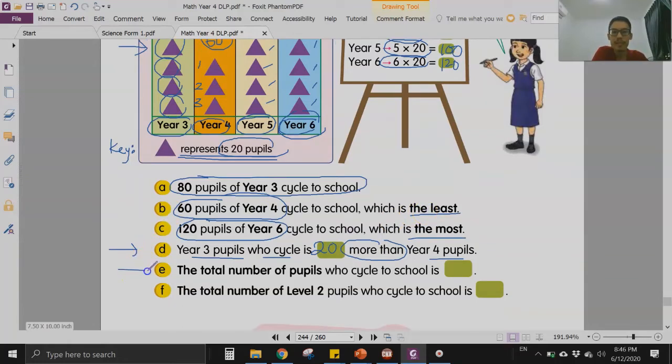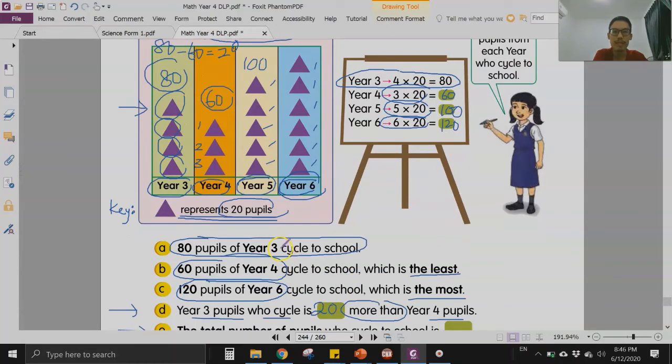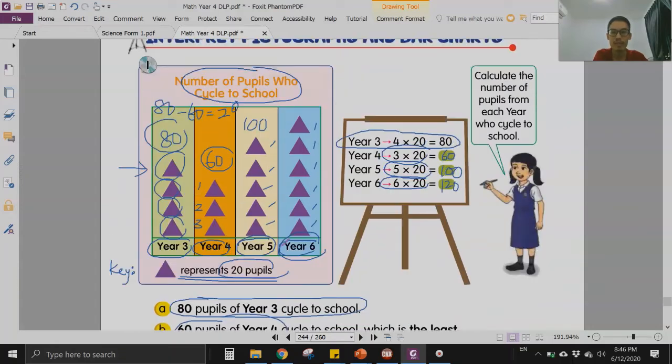Okay, question E. The total number of pupils who cycle to school. Total number of pupils, that means everything, semua. Just now, year 6, there are 120 pupils, right? So you just plus everything. Year 3, there are 80 pupils. Year 4, 60. Year 5, 100.